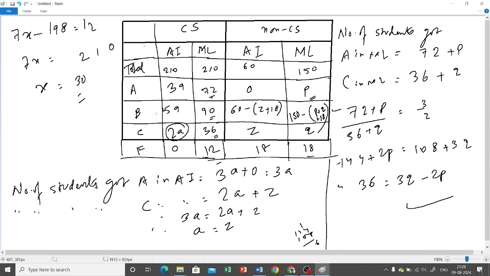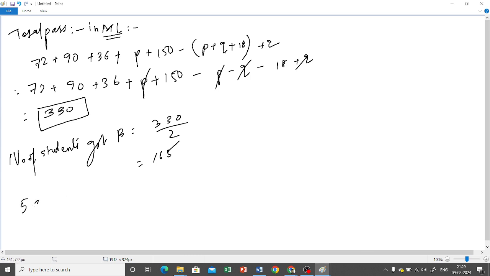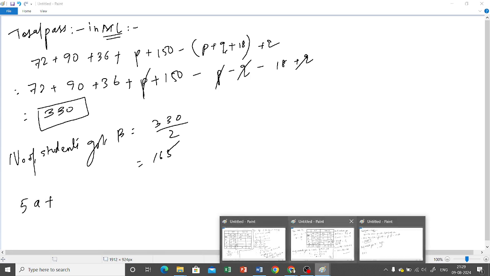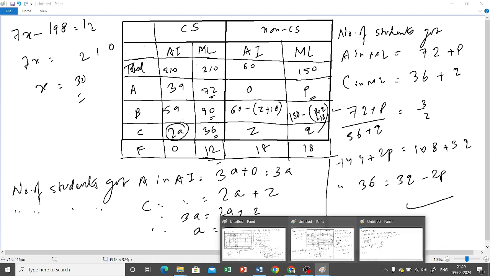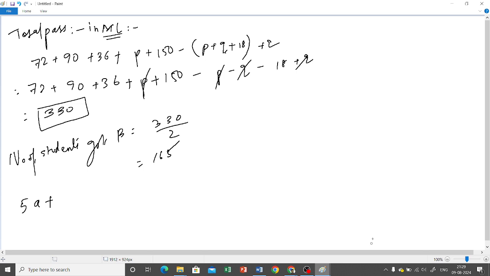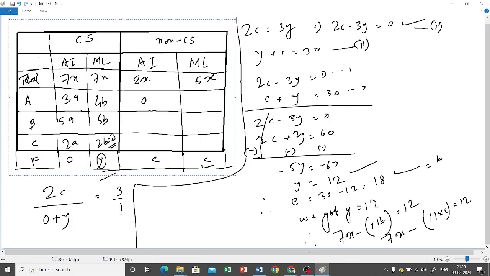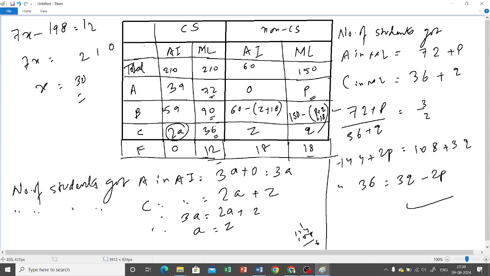Now see who got B. In ML, 36 people, 90 people got B, right?